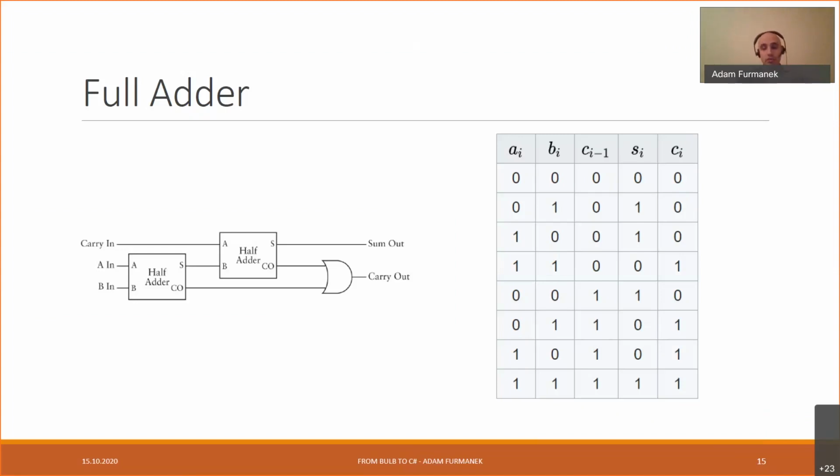But if we would like to sum integers which are 8 bits long, 16 bits long, or whatever else, we need to put a series of these full adders, and then we extract each particular bit of the sum, which we can then use to reconstruct the full result of the addition of 8-bit integers. So this is how we build the arithmetic operations.